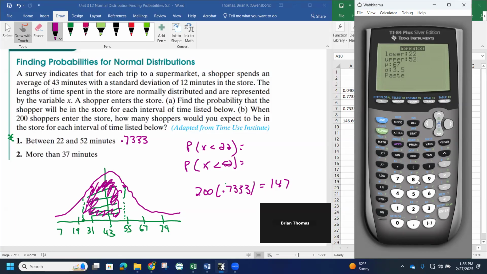The mean was 43, and the standard deviation was 12. If we input that into our calculator, it'll give us our 0.7333. Then if I multiply that by 200, that'll tell us how many shoppers were there between 22 and 52 minutes. So notice I do get the same answers using the calculator.